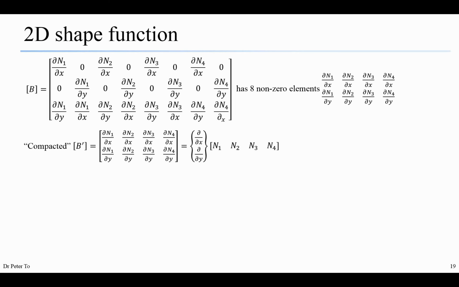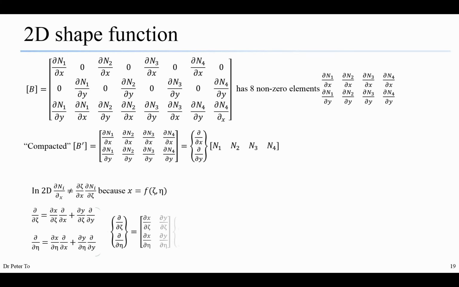We can calculate by the derivatives of the N matrix, N1, N2, N3, and N4. And in 2D, please remember that dNi over dx is not equal to d zeta over dx times dNi over d zeta, because x equals a function of not only zeta but also eta.